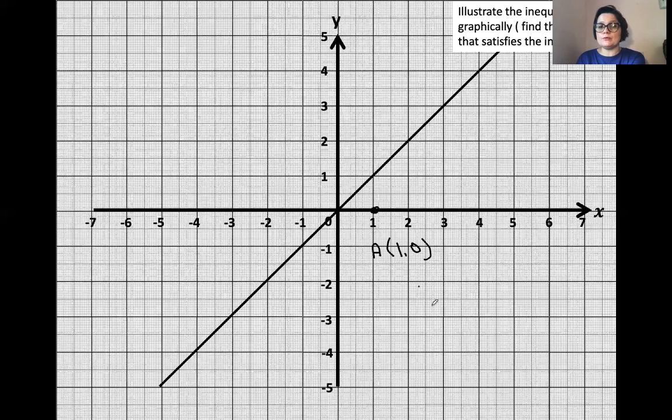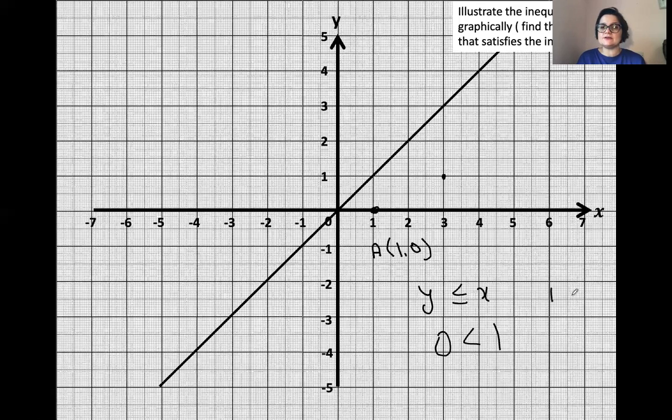So y smaller and equal than x. y is 0, x is 1, 0 is smaller than 1. So this point here satisfies our inequality. If you take another point anywhere on this region, let's say below the line, this one here, you can tell, let's begin with the y.